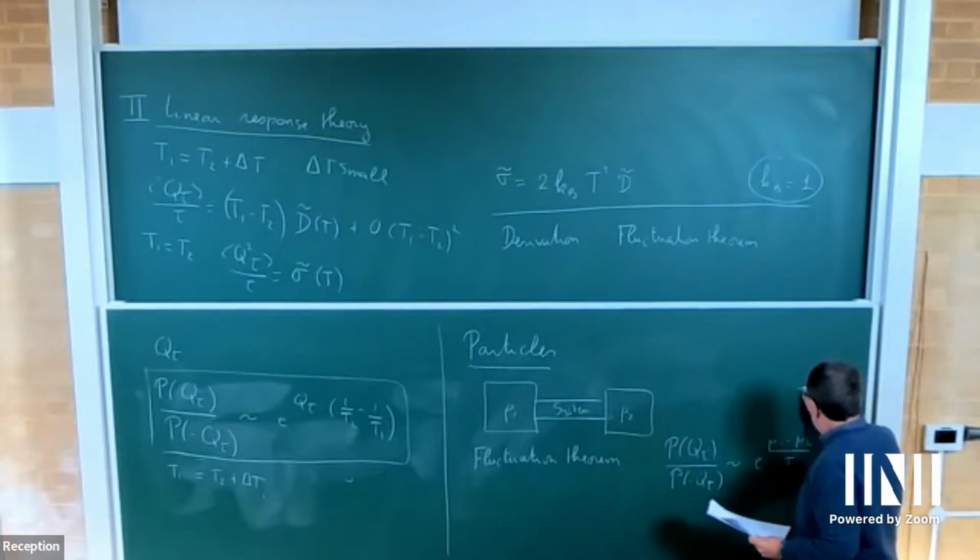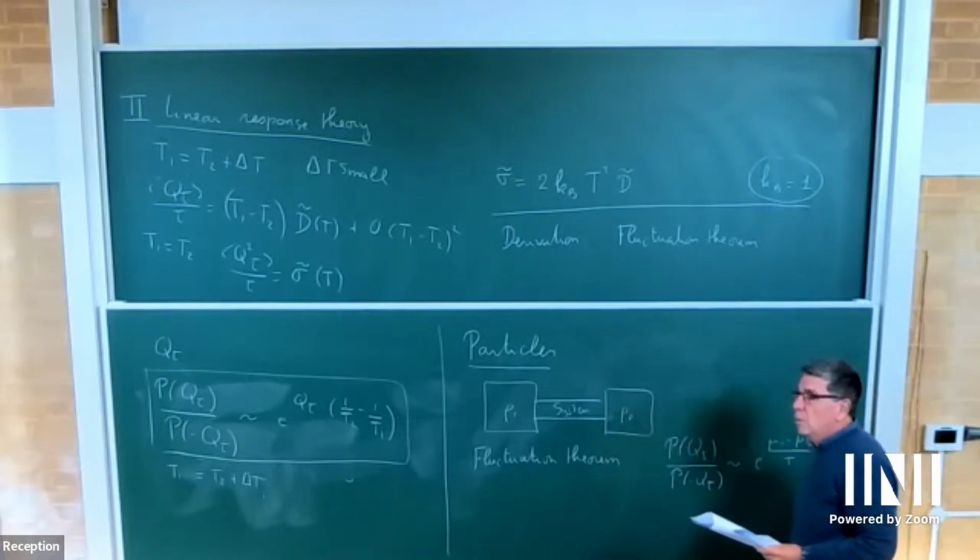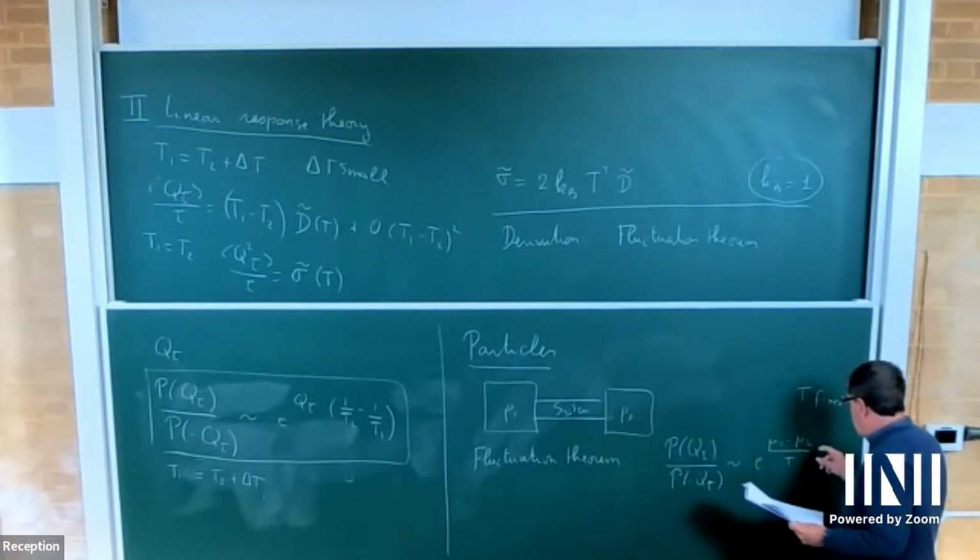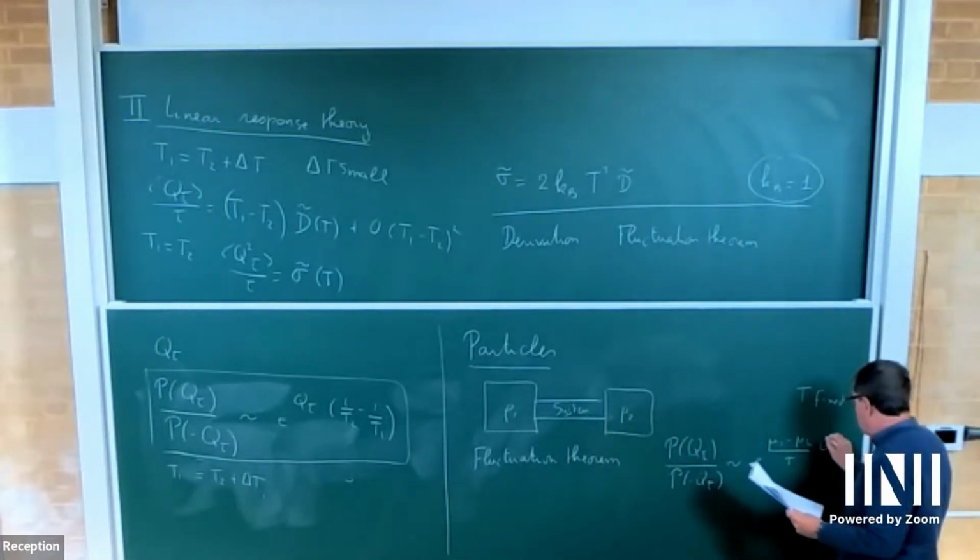So T is fixed. And now I have just different densities for different chemical potentials.